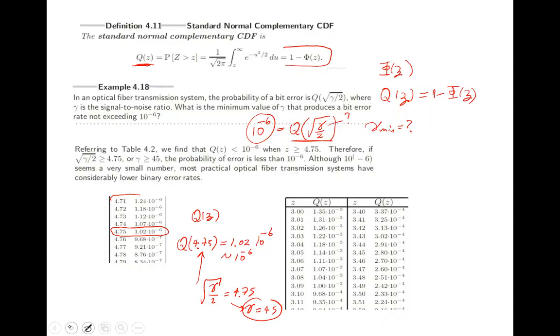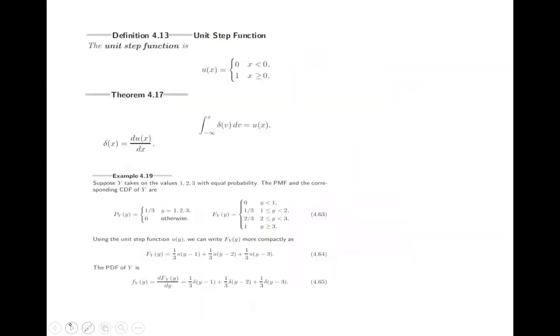Next, let's see the unit step function, which is used especially with the Dirac delta function. The unit step function is defined as a function that starts from 0 and goes to infinity.